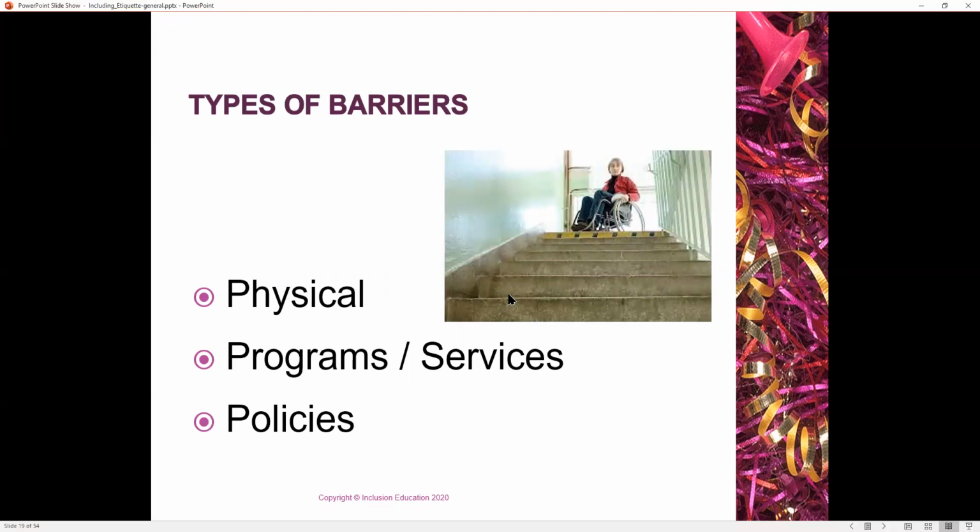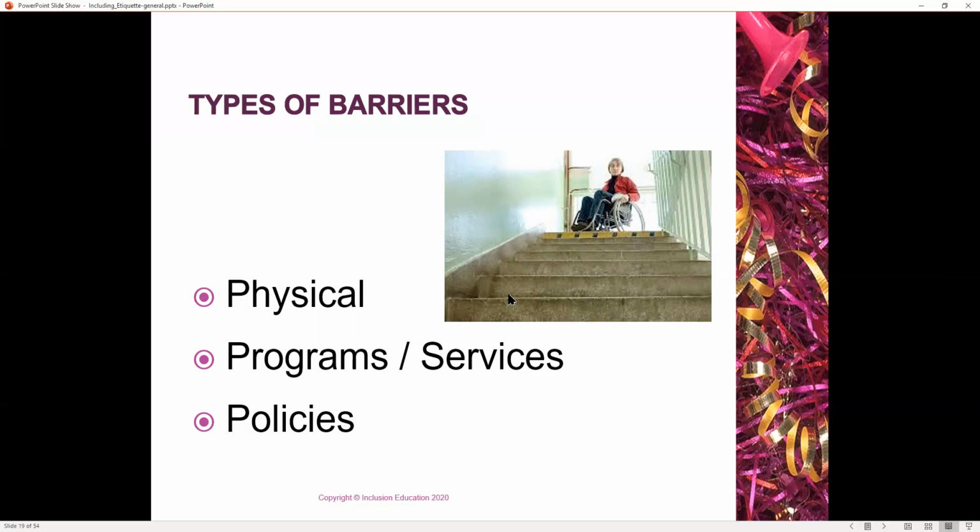So first we'll talk about physical. That's the most obvious barrier. If you're a wheelchair user, let's say, for an example, and you need to go to a building, let's say City Hall, and they don't happen to have a ramp or a way for you to get in the building, that physical layout prevents you from participating. So you're not being included in the normal things that people would do, going to City Hall, going to government things or what have you.